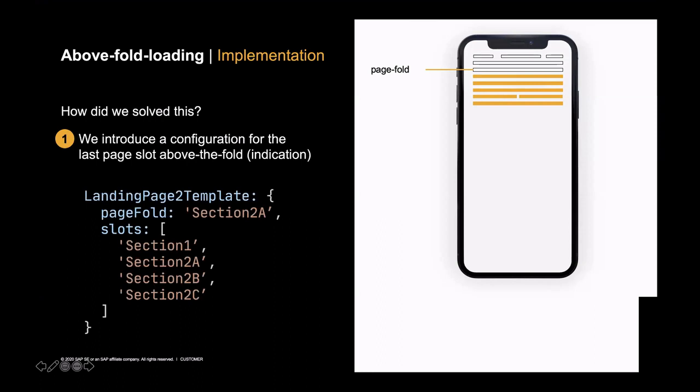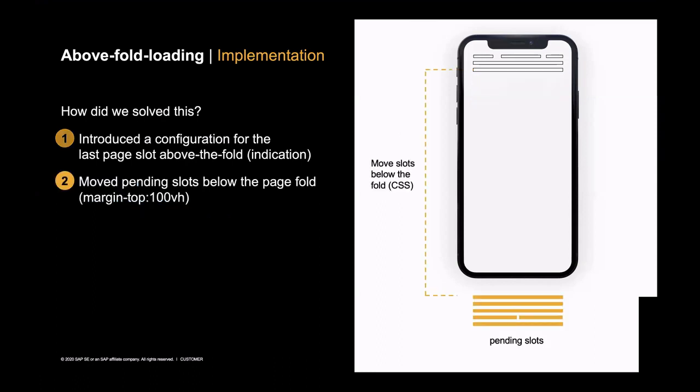In your layout configuration for each page template, you can specify the page fold. In this case, I've set it to section 2A, which is one of our landing page slots. Then with pure CSS, we basically say all the other slots which are below the configured page fold slot will be moved down, away from the page fold. We simply do this with a margin-top of 100 view height.